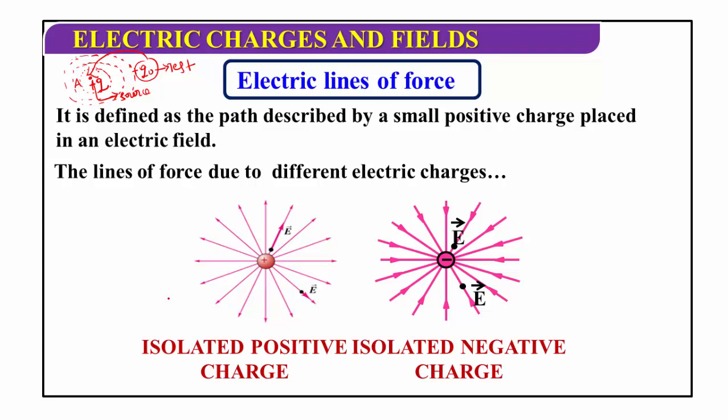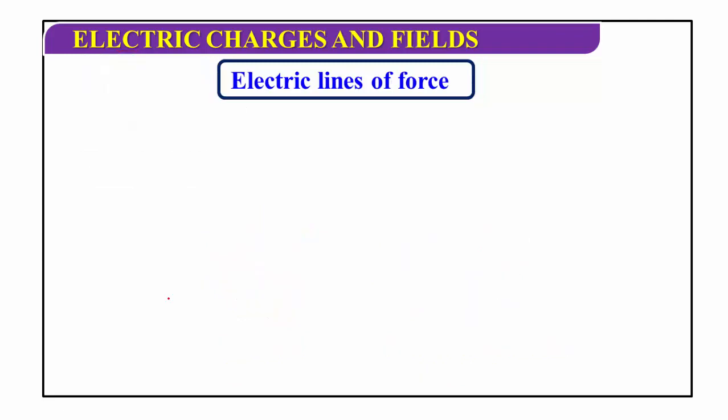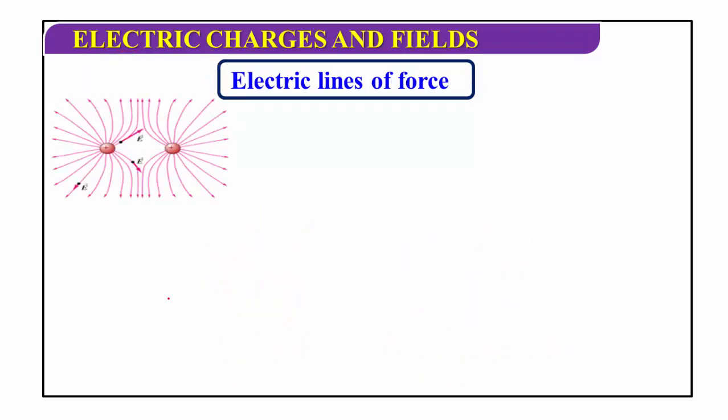Due to the negative charge, they always move radially inward. And here the third diagram indicates electric field lines due to a pair of like charges. When both are positive charges, how do the electric field lines move? Here there is a positive charge, and here too there is a positive charge.